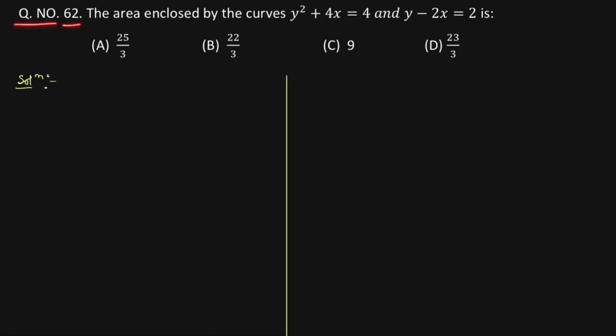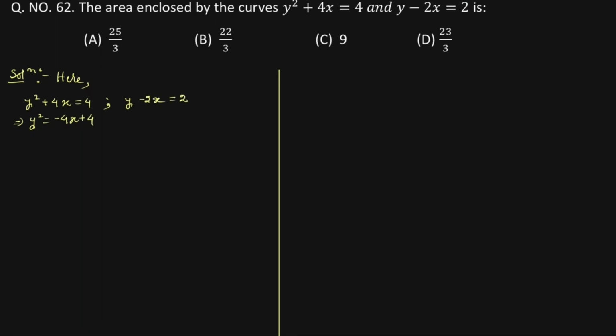Question number 62. We have to find the area enclosed by the given curve and the given line. Let's see the solution of this question. Here the given curve is y square plus 4x equal to 4, which we are able to write as y square equal to minus 4x plus 4, and the given line is y minus 2x equal to 2.